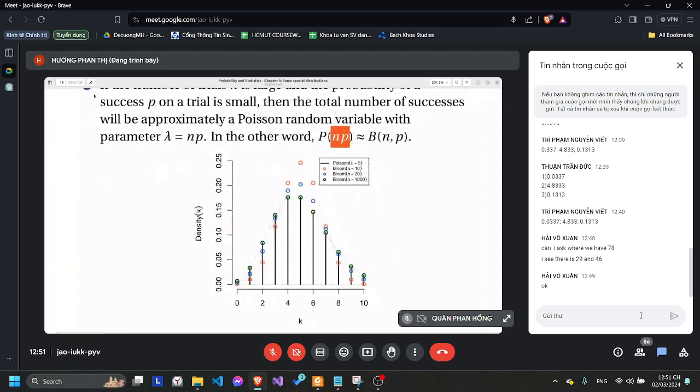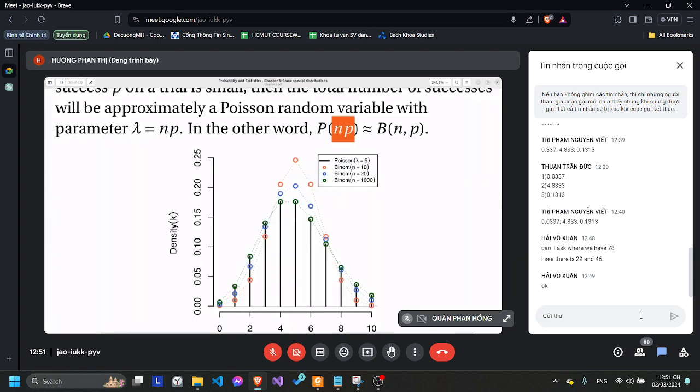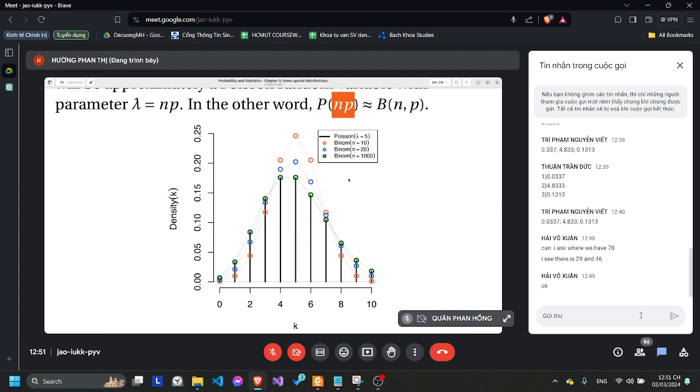In this figure, I fixed one Poisson distribution with lambda equal to 5. Can you see? Lambda equals 5. Then I constructed a sequence of binomial distributions with different values of n and p. Then we show that the binomial distributions will converge to the Poisson distribution.